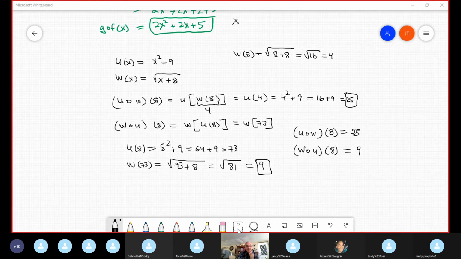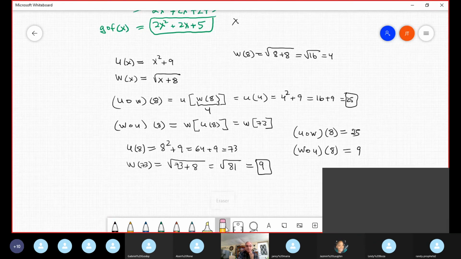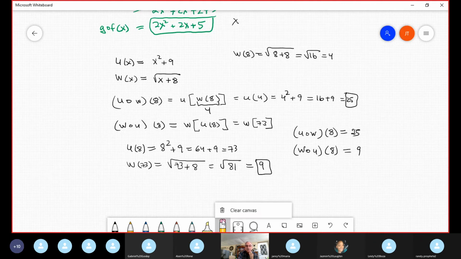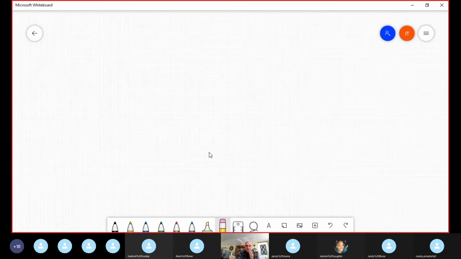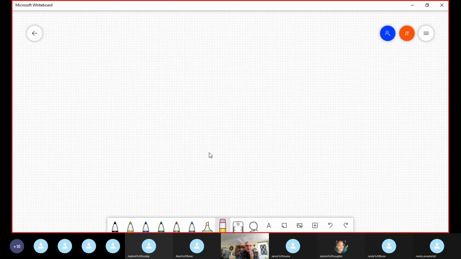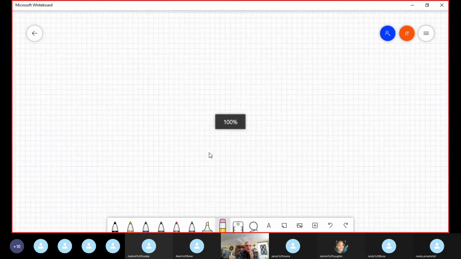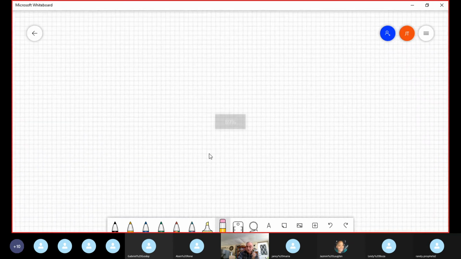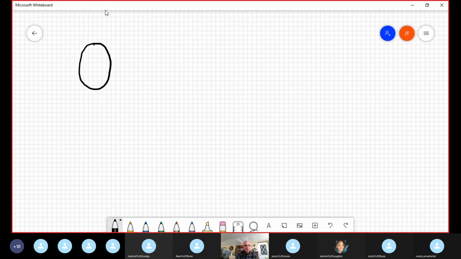Let me try to explain another possibility to ask this question of the composition. You can see maybe in Alex. Suppose that the function is given in a different way, using an arrow diagram. For example, one function is given like that.